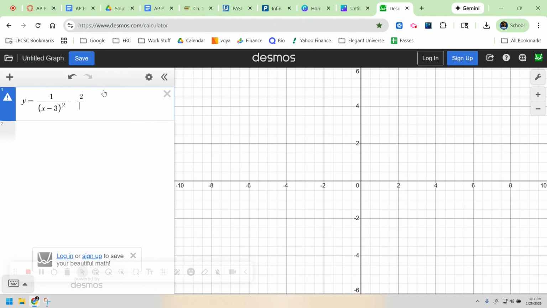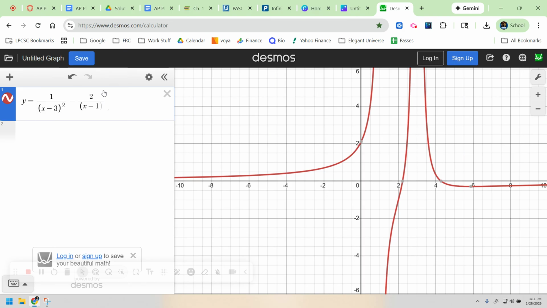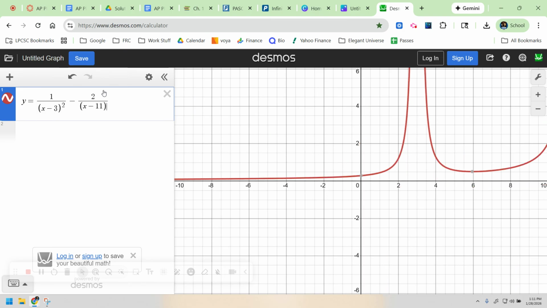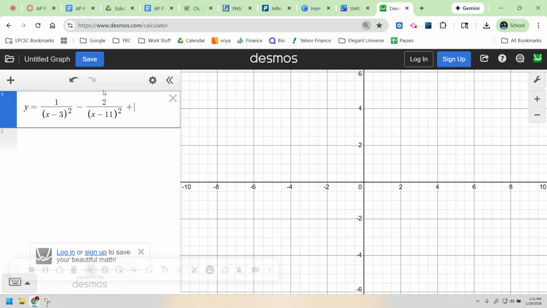Divided by, and then we're going to say x minus 11, and then we close that and square that. And then we're going to say plus 1 divided by, oh wait, this should be 8, not 11. I'm getting ahead of myself. This should be 8, and this is x minus 11.